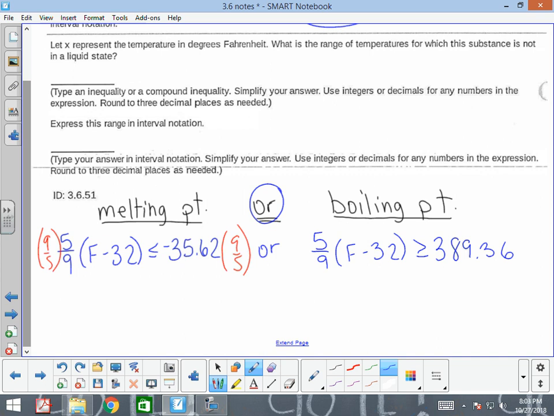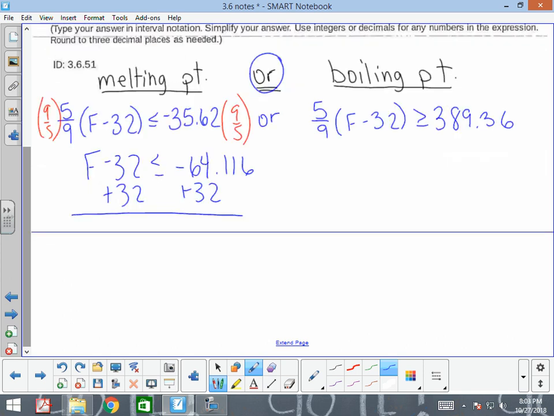I use my trusty calculator, and I get F minus 32 is less than or equal to, on this one I do get a decimal, negative 64.116. I rounded to 3 decimal places because that's what it says to do here. Add 32, and I get F is less than or equal to negative 32.116.